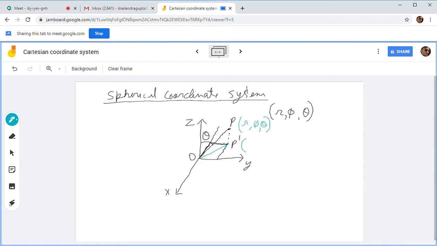Can anybody tell? You can do it very nicely. Just speak out. What will be the dimension of P dash? OP dash is the reflection of OP onto your XY plane. It is just the reflection. So what will it be? Your P dash.